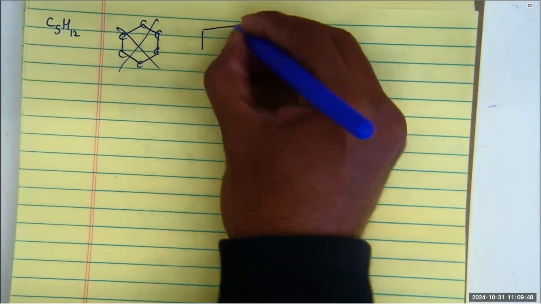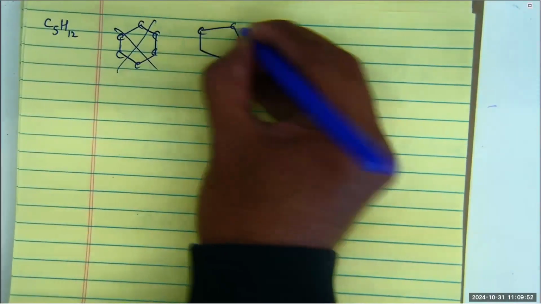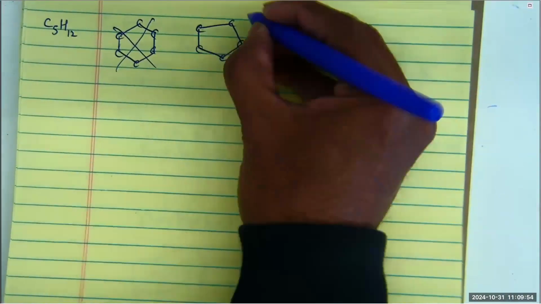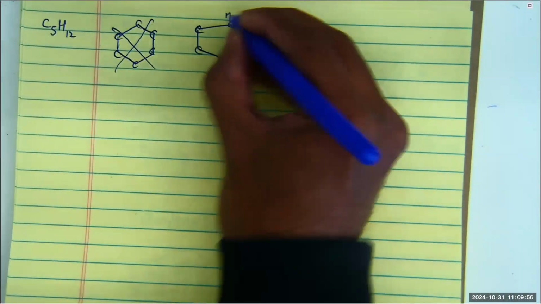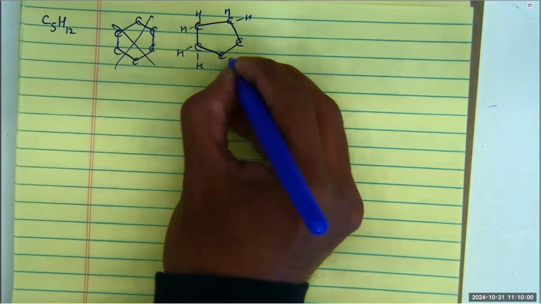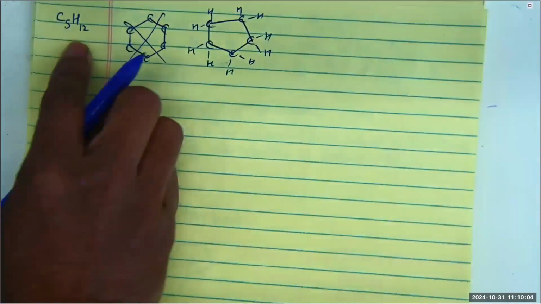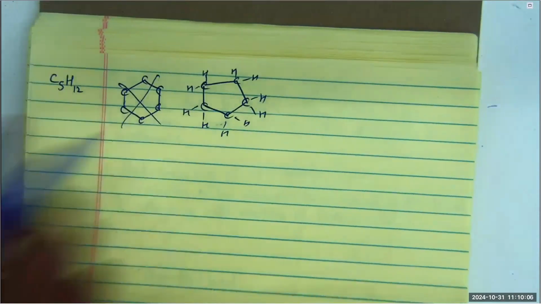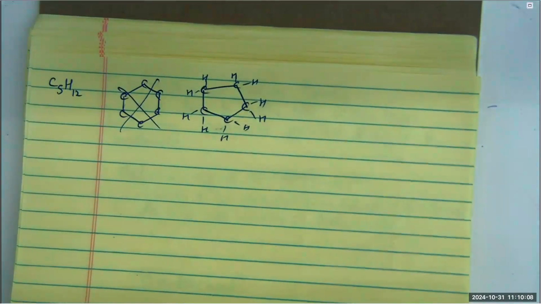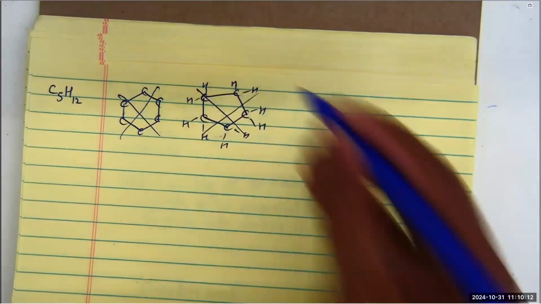On the other hand, if you drew this, you have 5 carbons, but each of these has 2 hydrogens bonded to it, meaning we only have 10 hydrogens in this molecule. I gave you 12, you destroyed 2 of them, so that's a no-go as well. You cannot create or destroy, therefore these structures are out.